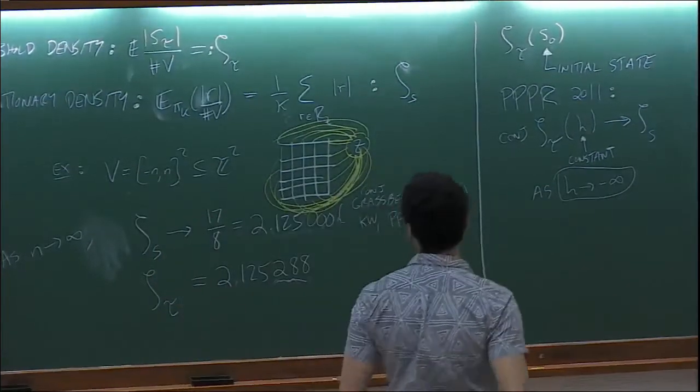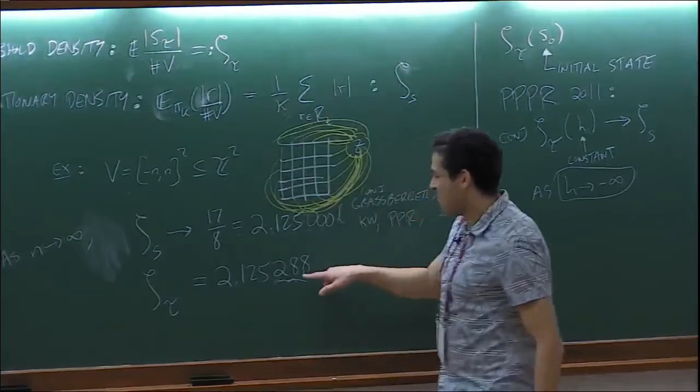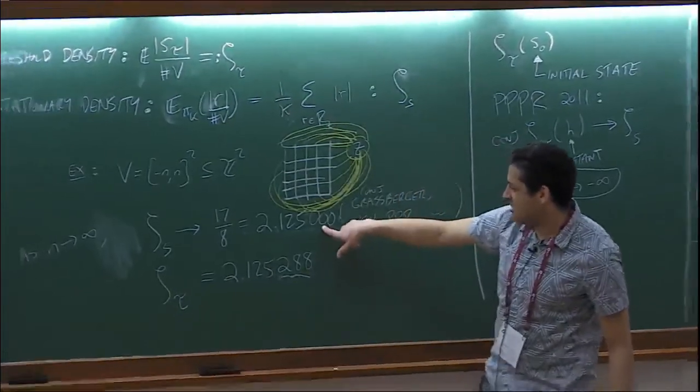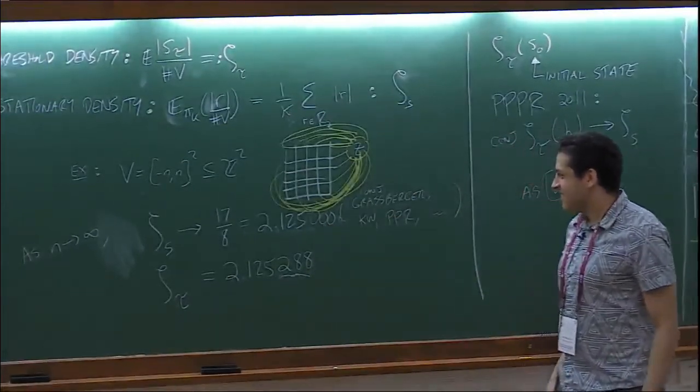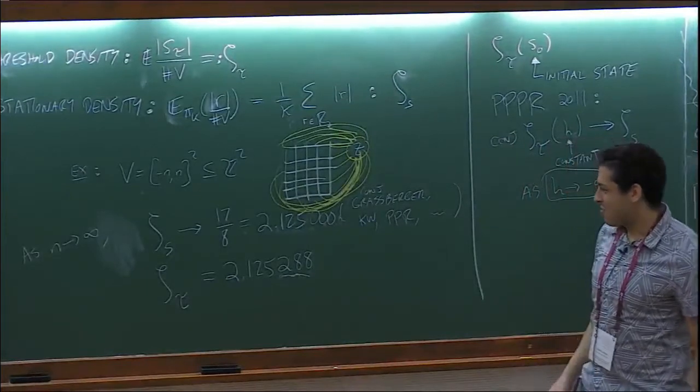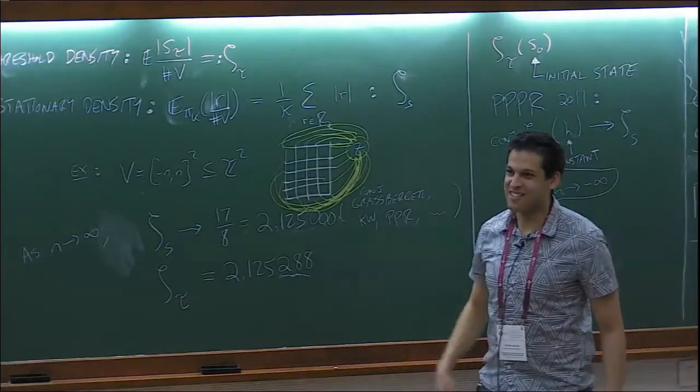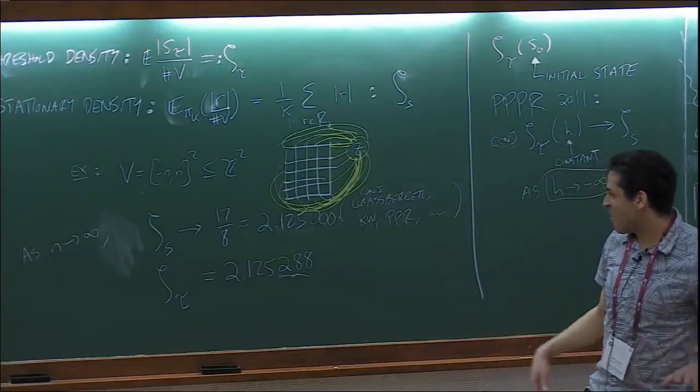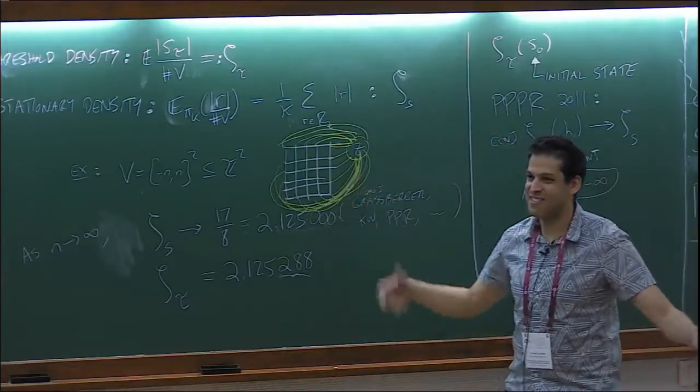Good question. Is it always the case that zeta tau is bigger than zeta s? No. You can cook up graphs where zeta tau is smaller than zeta s, so I don't know if it's significant that it's bigger.